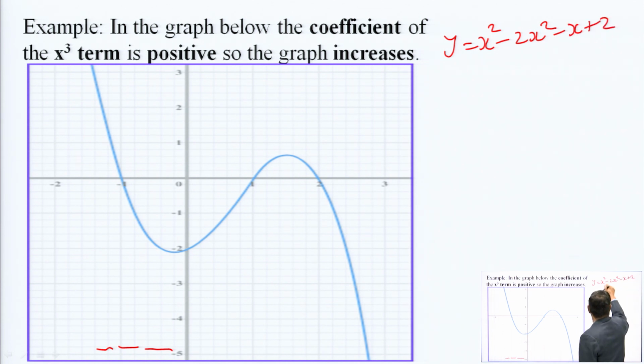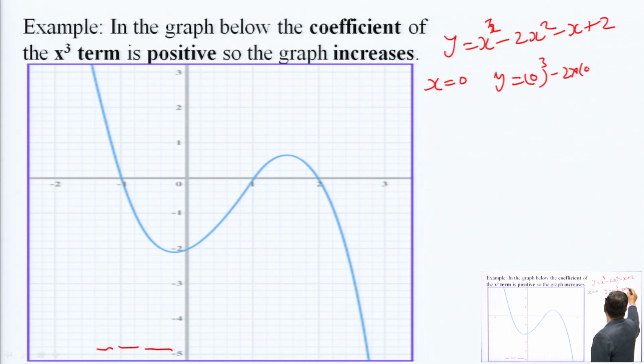If we put different values of x, for example x equal to 0, then y equal to 0 cube minus 2 into 0 square minus 0 plus 2. So, it will be equal to 2. When x equal to 0, y equal to 2.